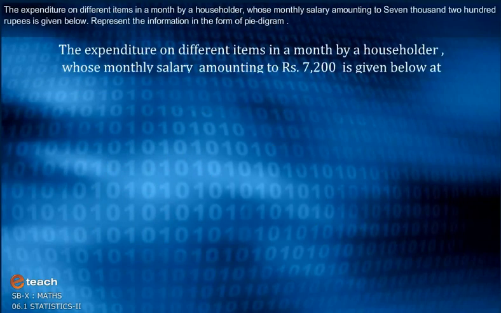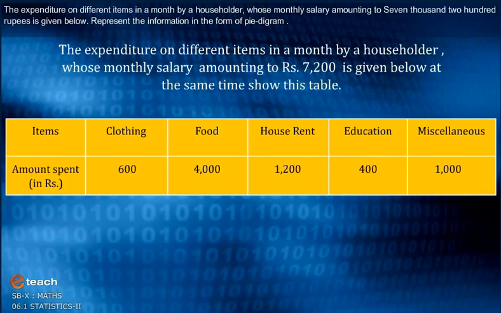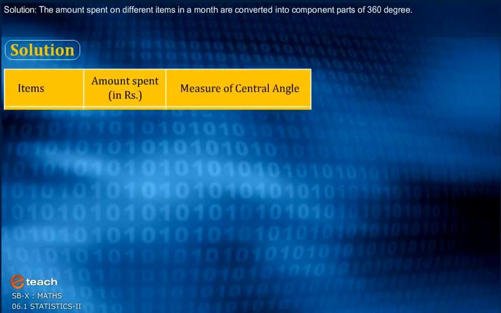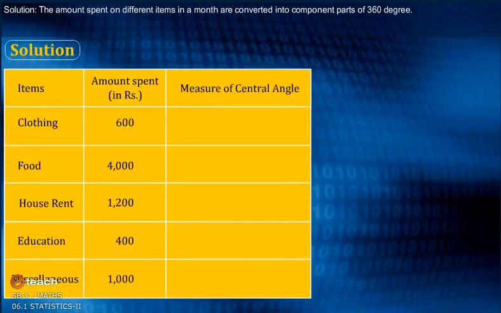The expenditure on different items in a month by a householder whose monthly salary amounts to 7,200 rupees is given below. Represent the information in the form of a pie diagram. Solution: the amounts spent on different items in a month are converted into component parts of 360 degrees.